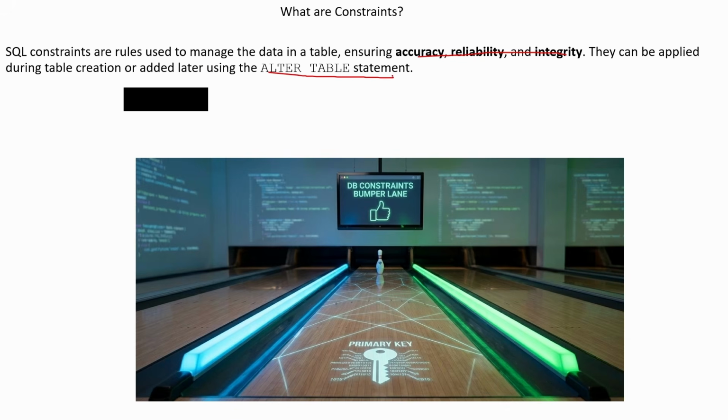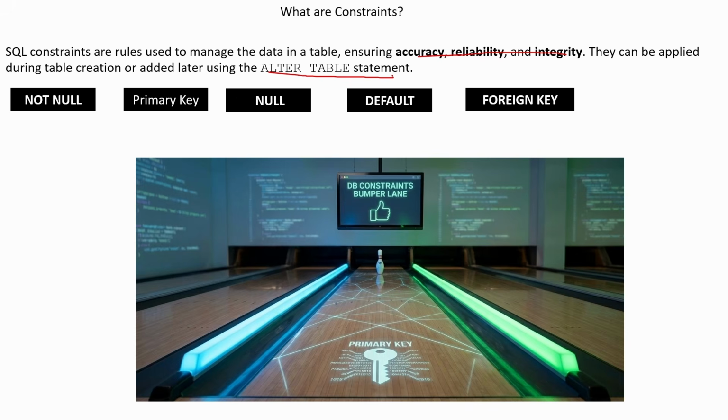So if I talk about some of the constraints, there are constraints like null constraint, not null constraint, primary key constraint, default constraint, foreign key constraint, unique constraint, index constraint. These are really very important when you are creating the DDL. You should ensure that you are applying the accurate and relevant constraints in the columns.